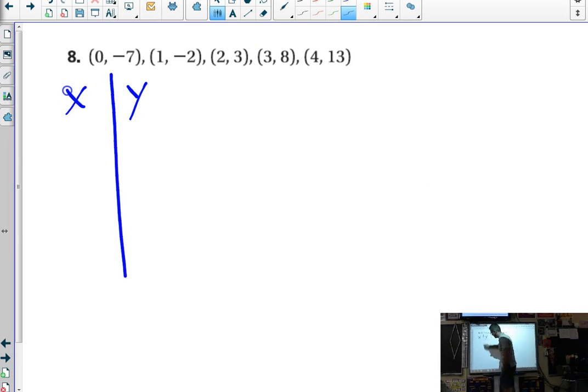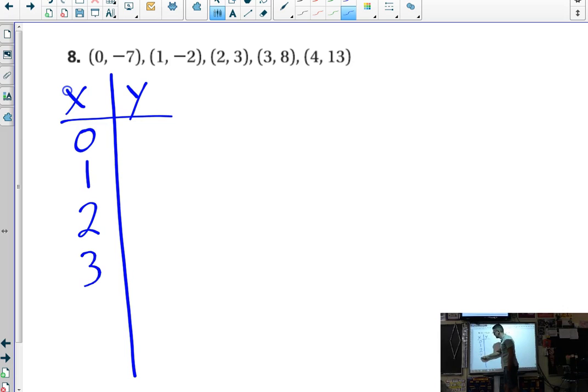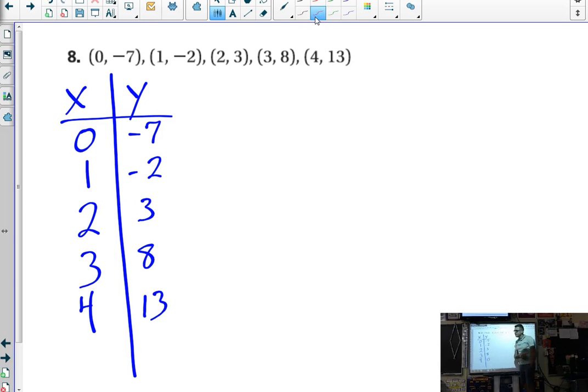I have to see things vertically. So the first thing I have to do is make myself a T-chart. -7, -2, +3, +8, +13.